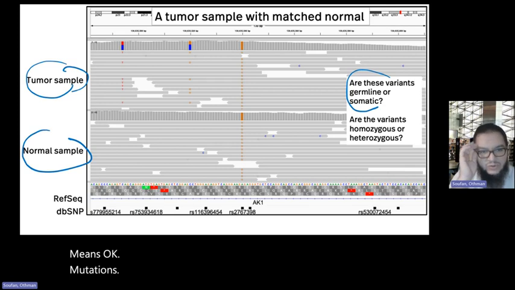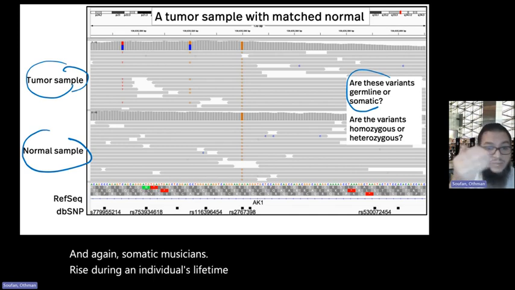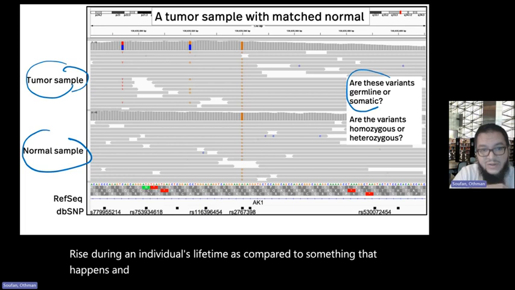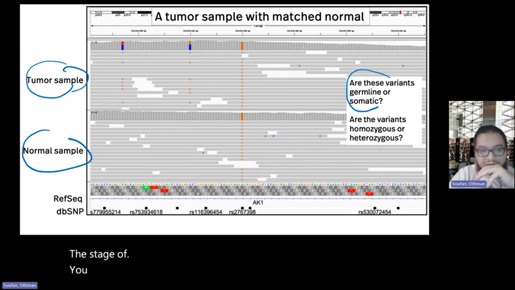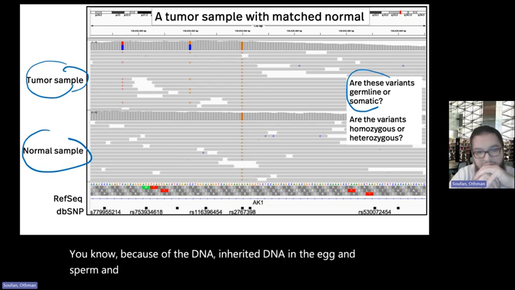And again, somatic mutations arise during an individual's lifetime, as compared to something that happens early, at the stage of germ cells, because of the inherited DNA in the egg and sperm, and so on and so forth. Somatic is more during the lifetime.